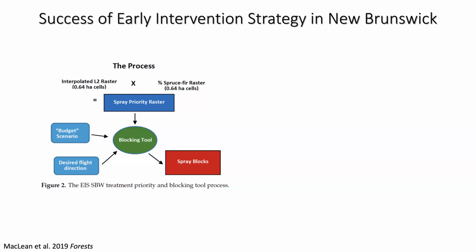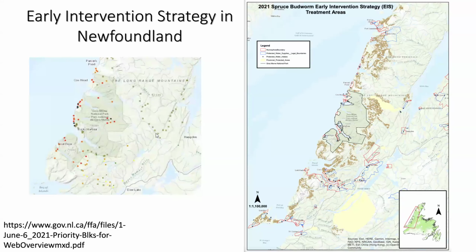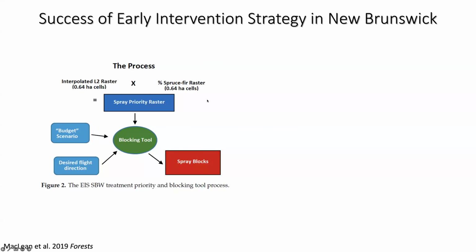The process outlined here in a paper by Dave McLean and colleagues, based on some success in New Brunswick where this strategy has been applied, is that you take some information on L2 surveys and try to interpolate the population of spruce budworm on the island. Then you look at the percentage of its hosts, so you look at the forest composition.